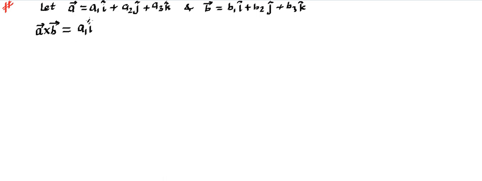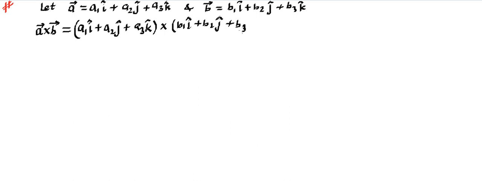So A1 I cap plus A2 j cap plus A3 k cap will be representing vector A, and in between we place the cross symbol because we are doing the cross product. B1 I cap plus B2 j cap plus B3 k cap is going to represent vector B. Now for the cross product we will be expanding this expression and writing all the terms.